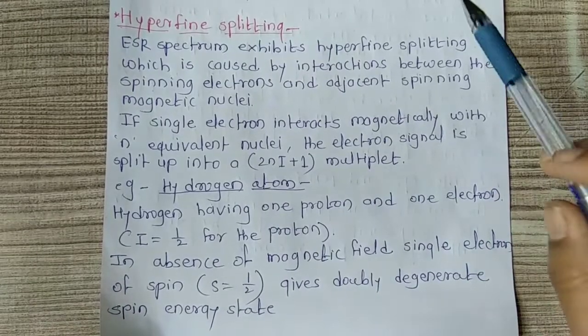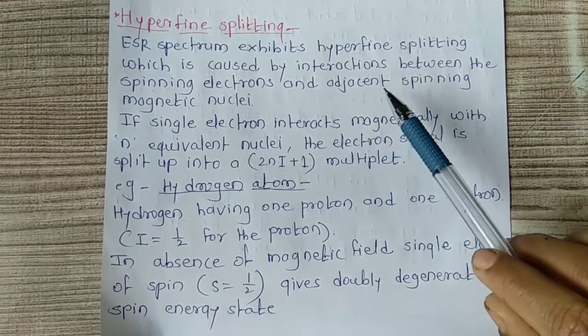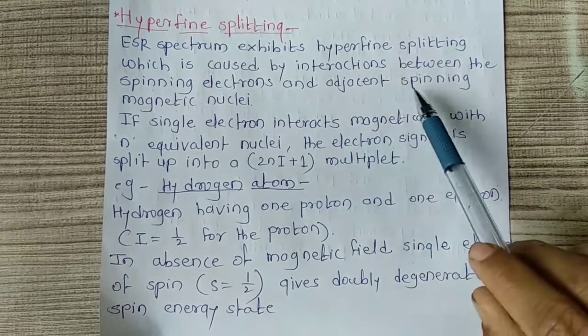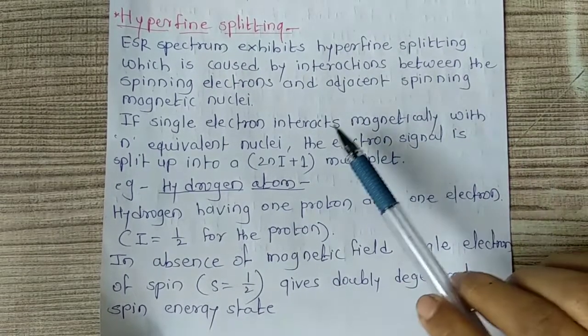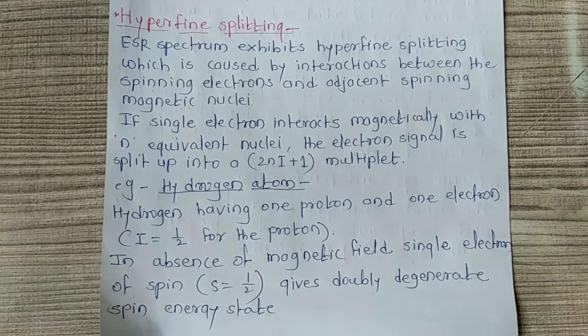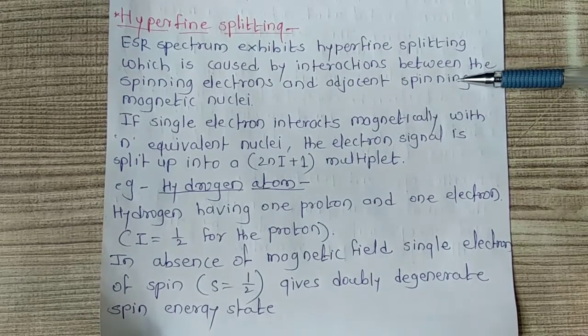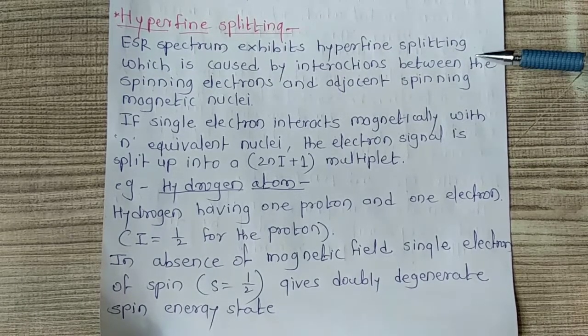Hyperfine splitting means the ESR spectrum gives hyperfine splitting, and it is caused by the interaction between the spinning electron and the adjacent spinning magnetic nuclei.